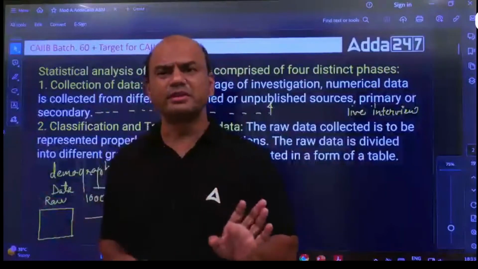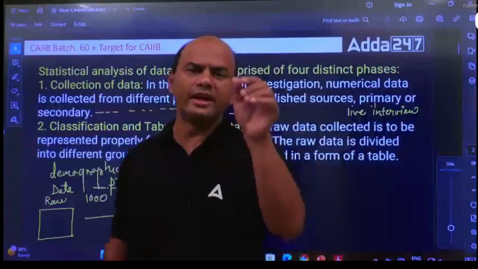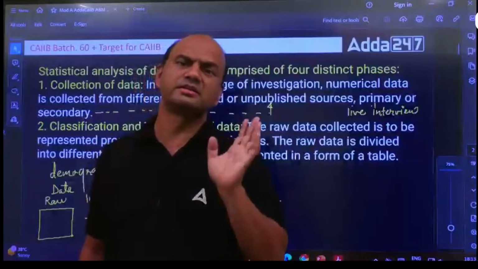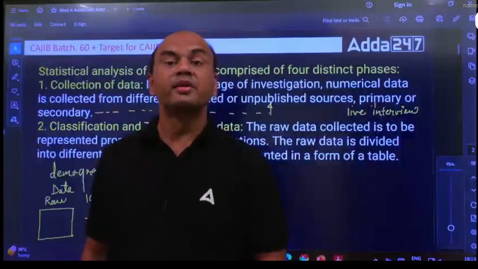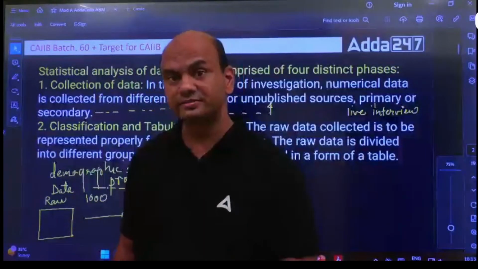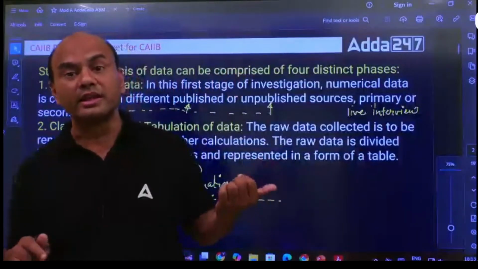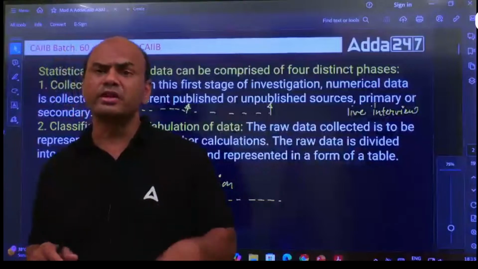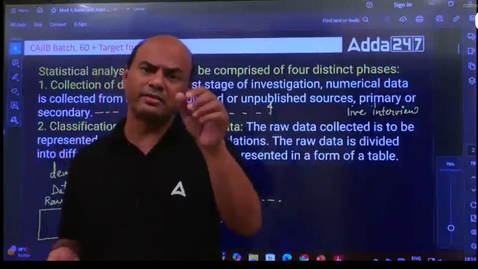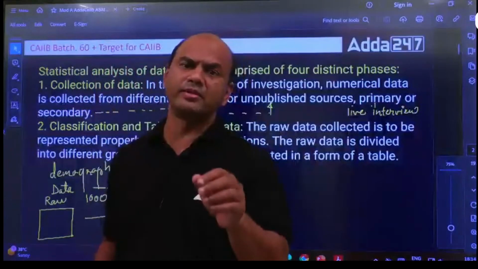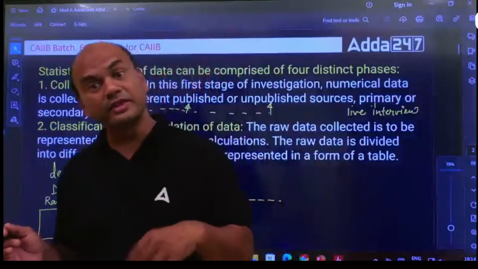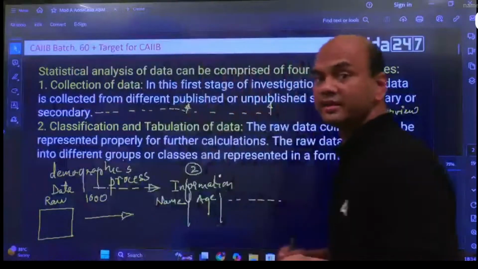Simple, I'm telling you. Age, 1000 ages. Up till now, what have we done? We have only classified it and tabulated it. Gender, male, male, male, female, female, male, female, like this. What is the use? We'll see that in the next slide.